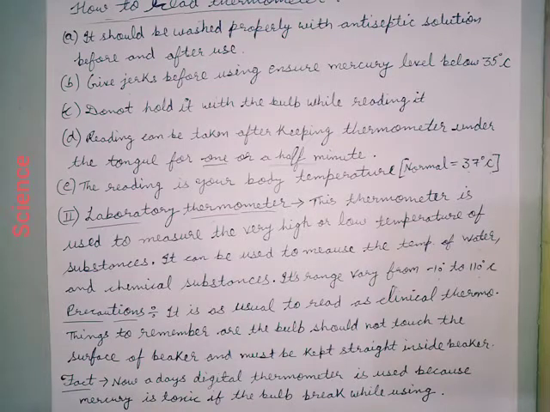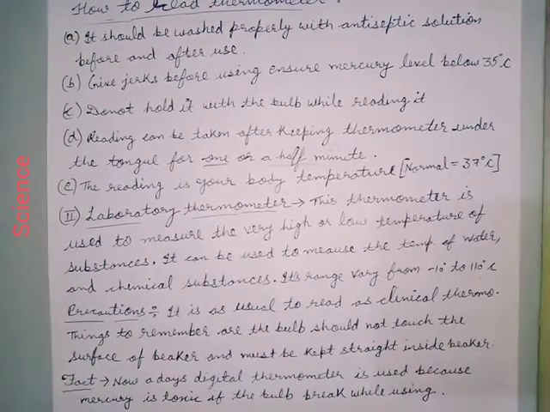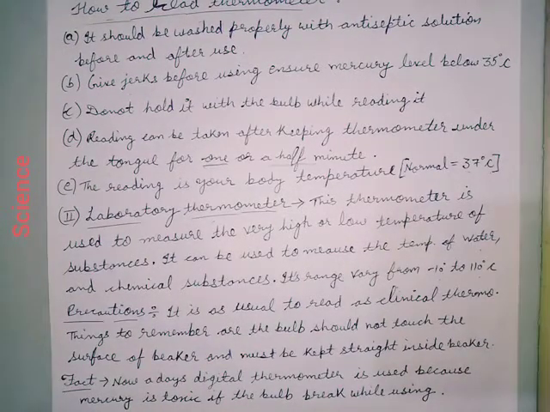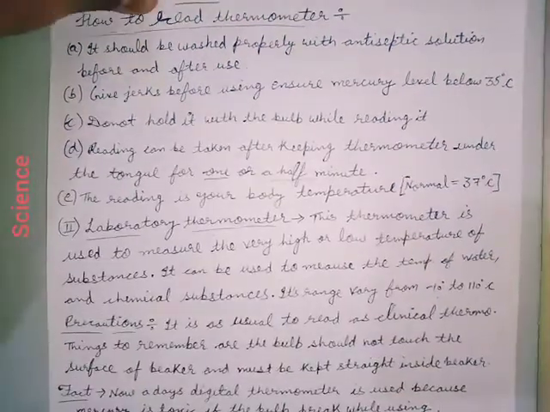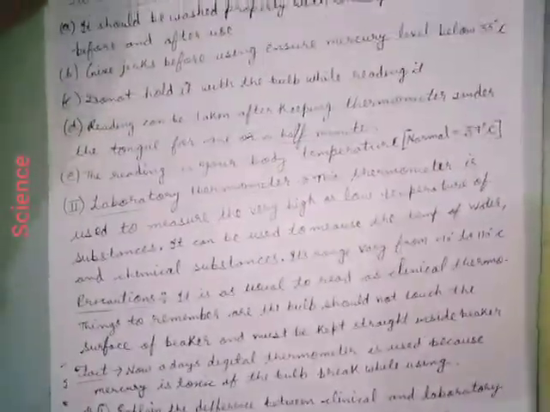The plus point is that a digital thermometer can measure the temperature within seconds. Since we keep the thermometer under the tongue, if it breaks, the mercury is very toxic and may be harmful to health. In this way digital thermometers are used nowadays.